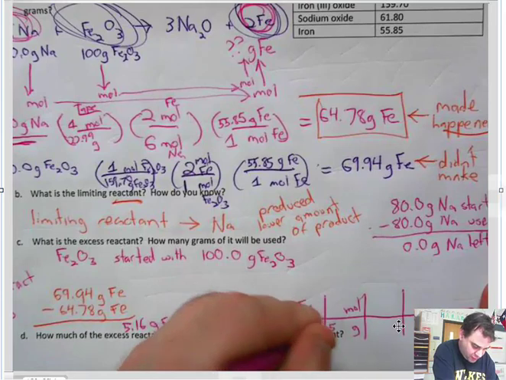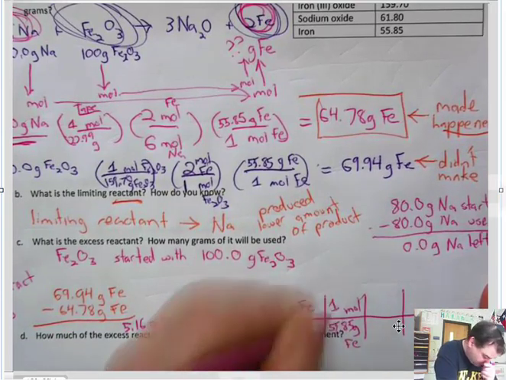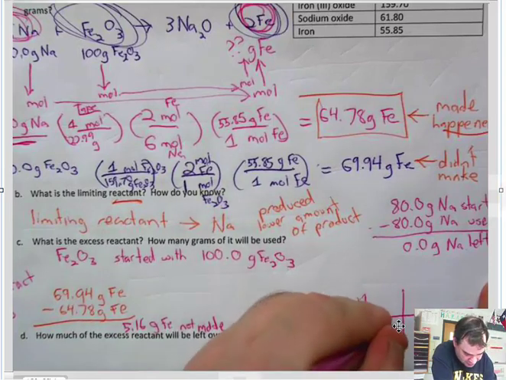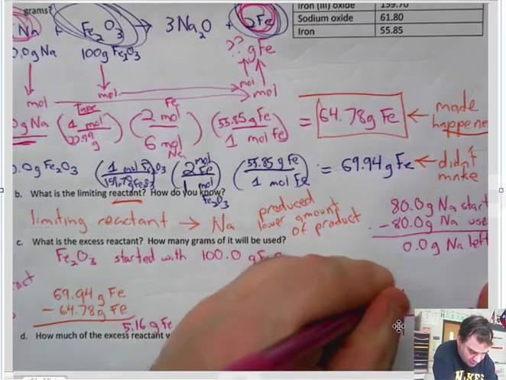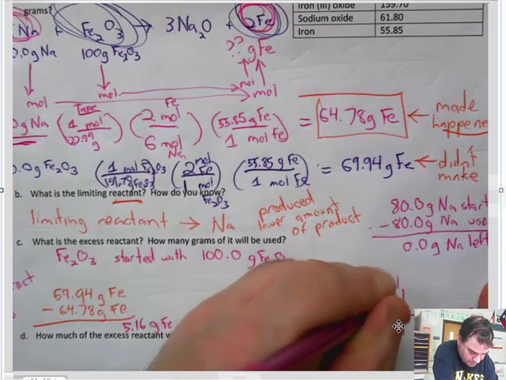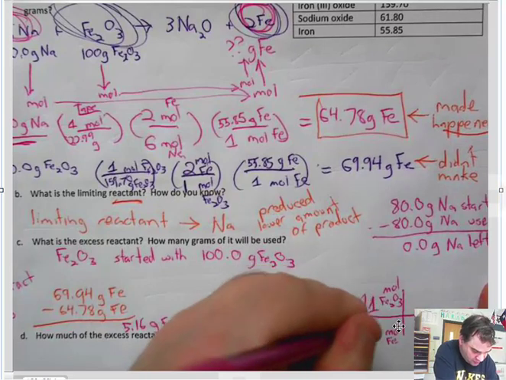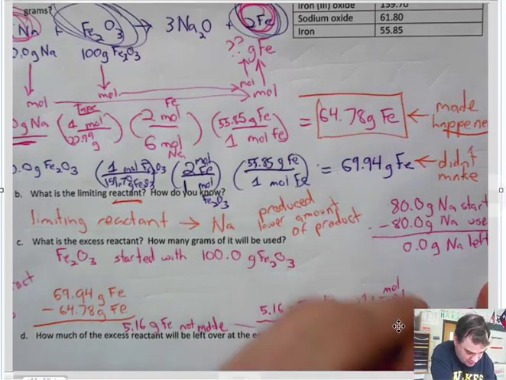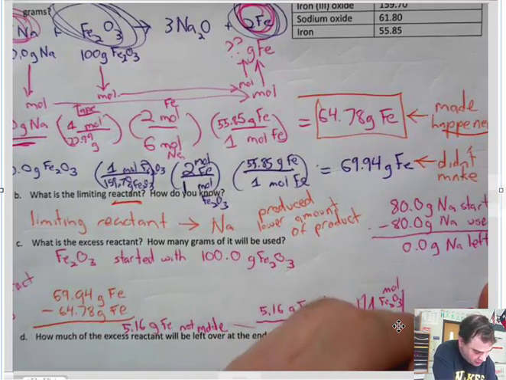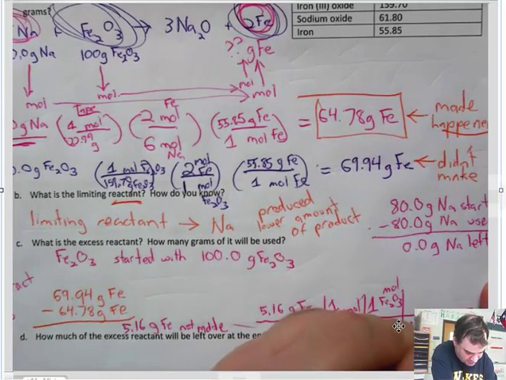Grams, we're going to use 55.85 because that's the molar mass of iron, 1 mole. Moles of iron on the bottom, moles of iron oxide on top. 1, 2. And then we're going to use the molar mass of iron oxide, which is 1 mole of iron oxide.